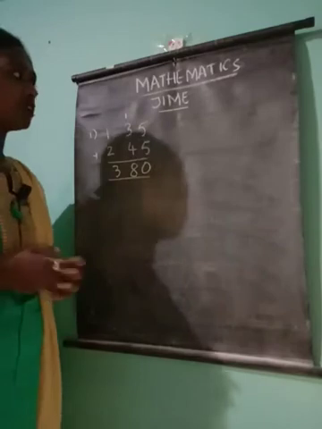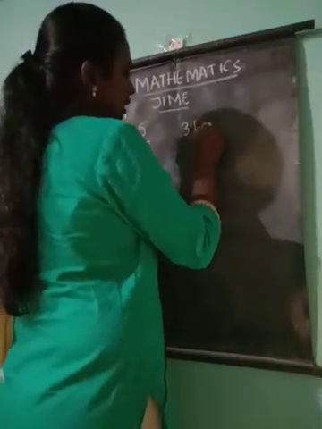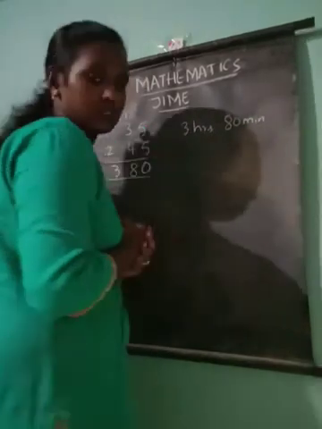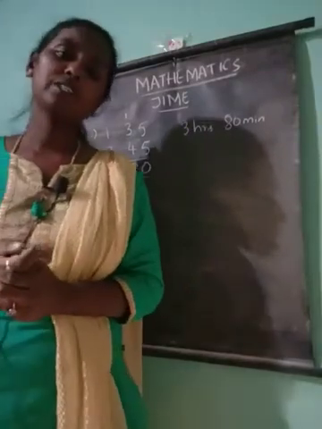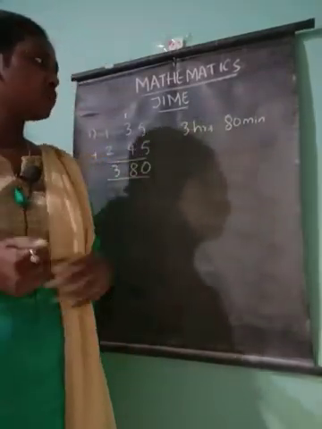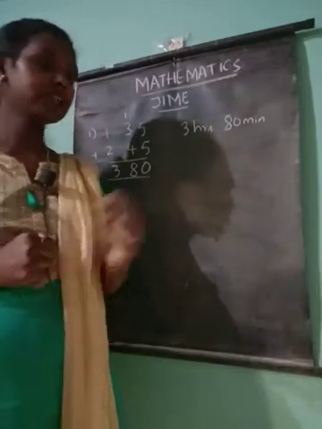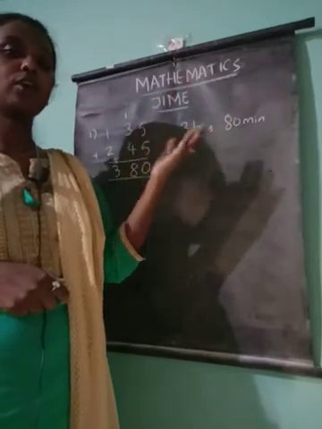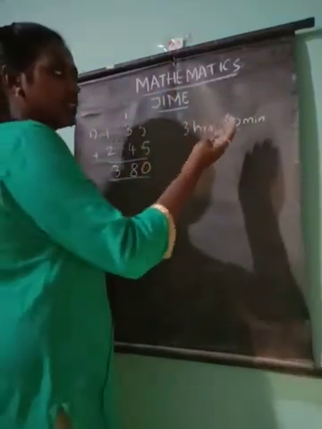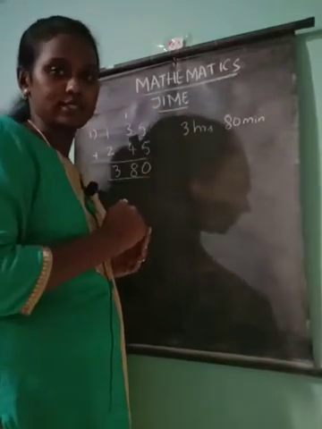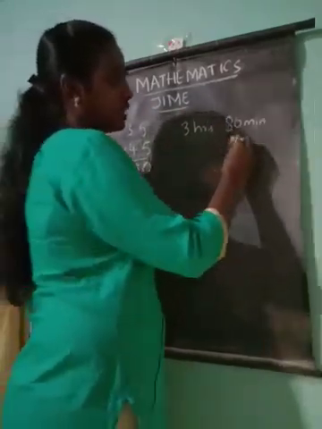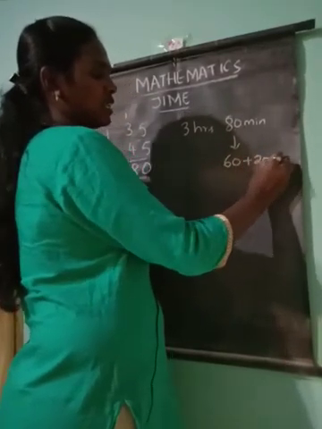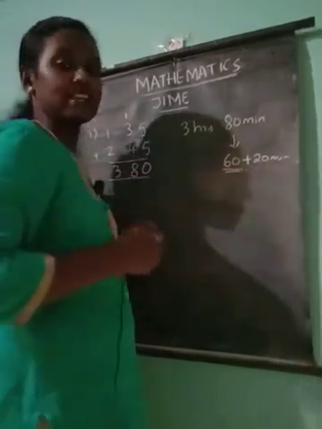So students, here we got 3 hours 80 minutes, right? Here minutes always go up to 60, so keep in mind that 60 minutes is the limit. If exactly 60 comes, you can carry that 60 minutes to 1 hour, you can convert it. Now we have 80 minutes. So 80 can be taken as 60 plus 20 minutes. 60 minutes is calculated as 1 hour.